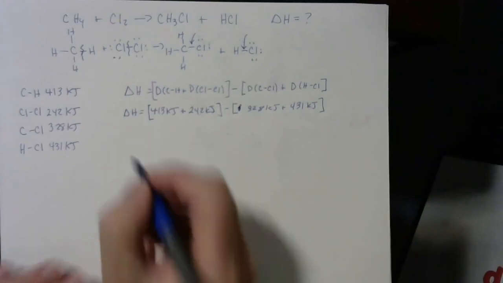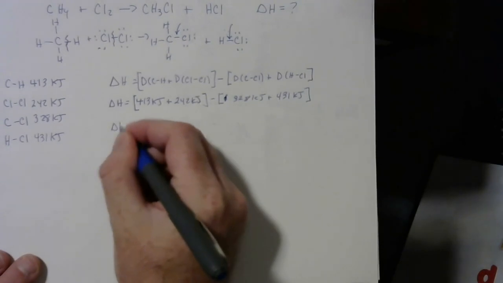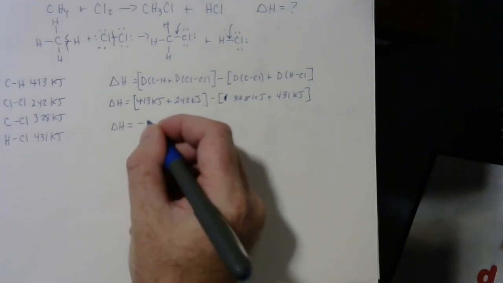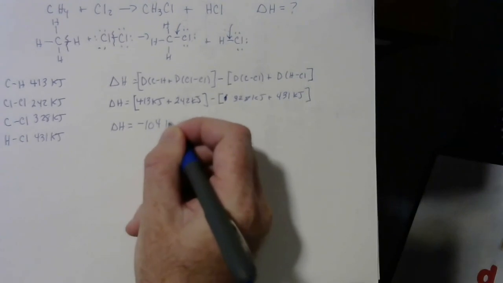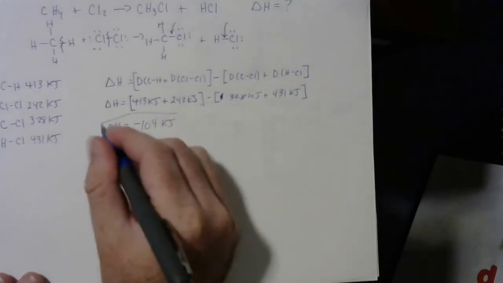And then ultimately, you're going to run that all through your calculator. So when you run that calculation through your calculator, you're going to get a negative 104 kilojoules. And that would be your answer.